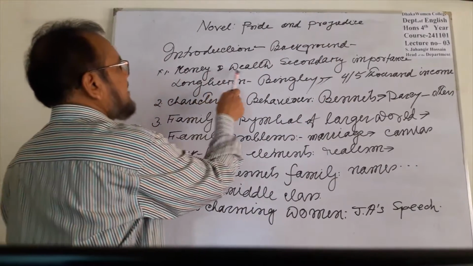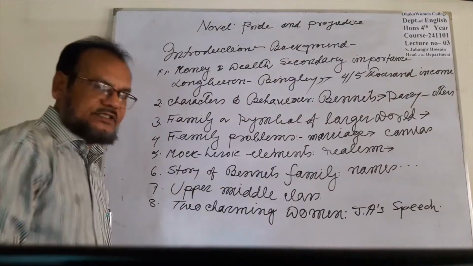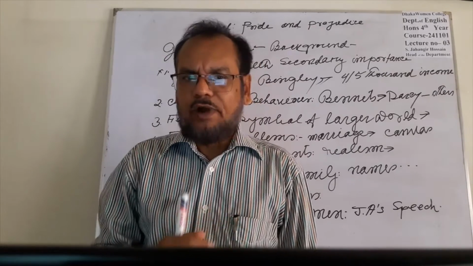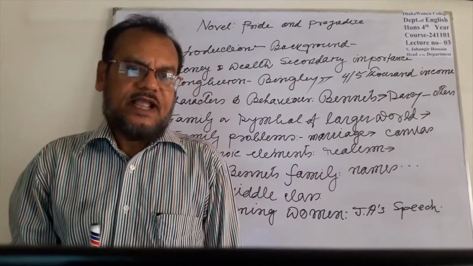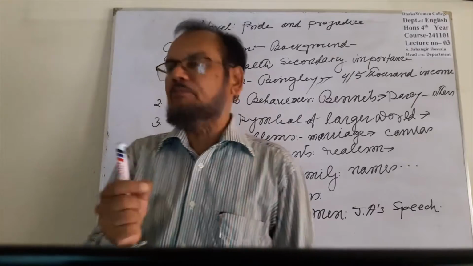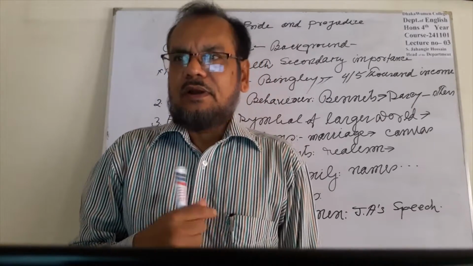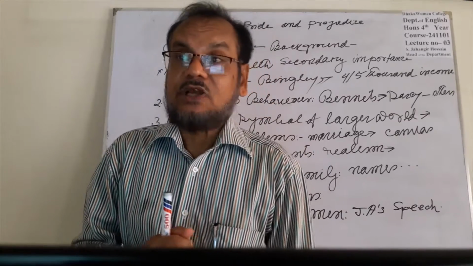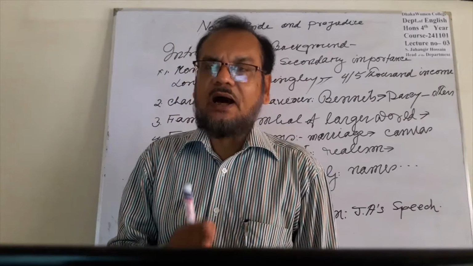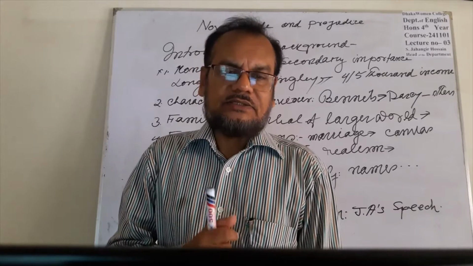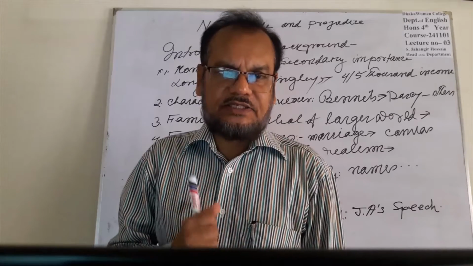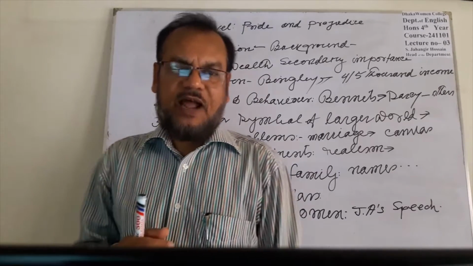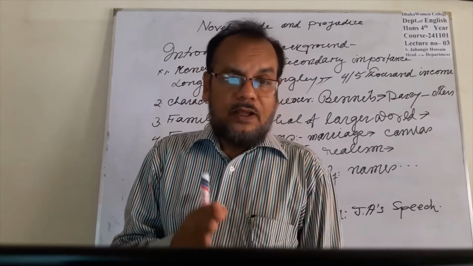Number 1, money and wealth, the secondary importance. In this novel, money and wealth are very important, and it is called here the secondary importance in the novel. And you know, the place Longbourn is a village where Mr. Bingley, a bachelor, young and strong and very handsome, came as a neighbor of the Bennet family.